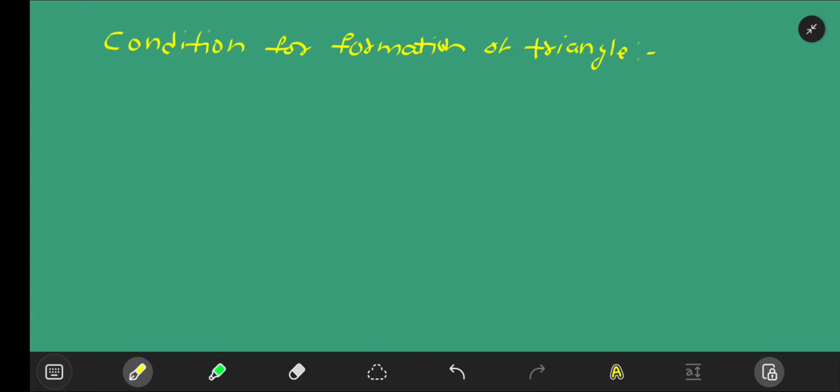Let's write this in statements. Write this point: condition for formation of triangle.